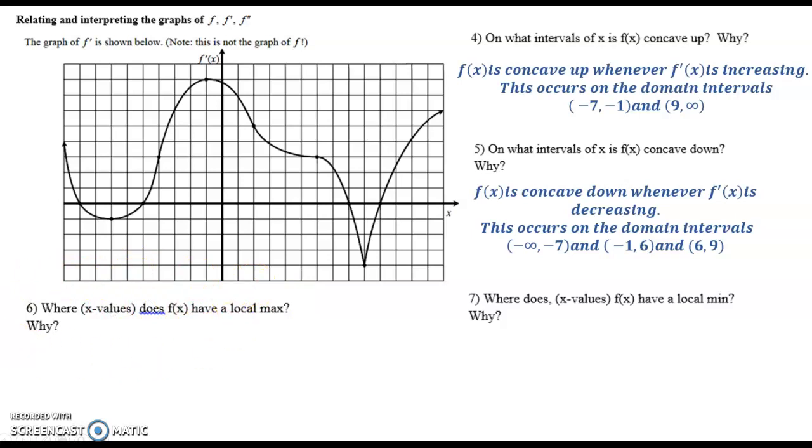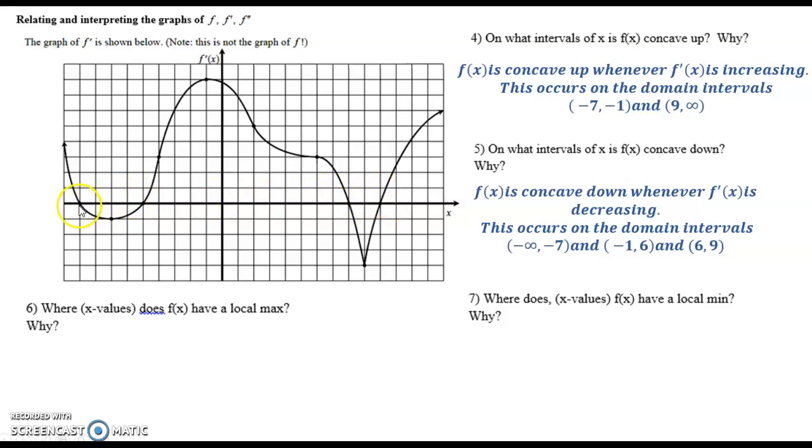Next, question 6 asked me at what x values does the function f of x have a local max? Again, always remind yourself you're not looking at f of x, you're looking at the derivative of f of x. Local maximums and minimums occur at critical points, and remember, critical points were at -9, -5, 8, and 10.